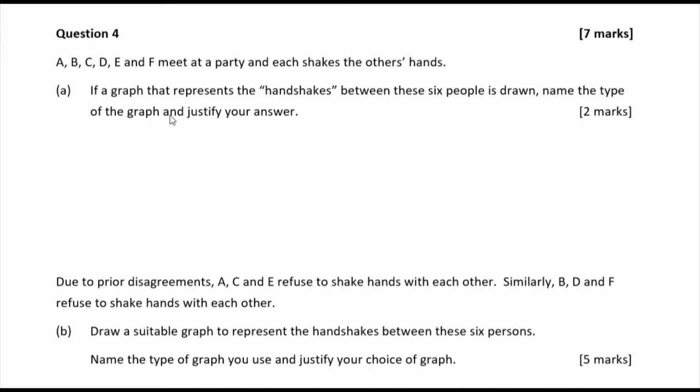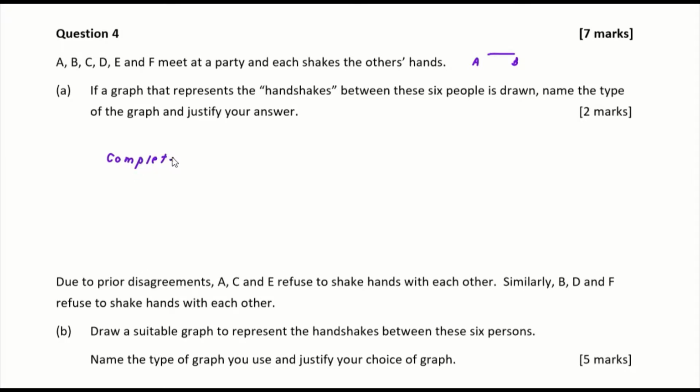In this case, when you connect the vertices together, it means that when I draw A and B, A shakes hands with B, and then B shakes hands with A as well. So if everyone shakes the other's hand, after you draw everything out, you should be able to get a complete graph.